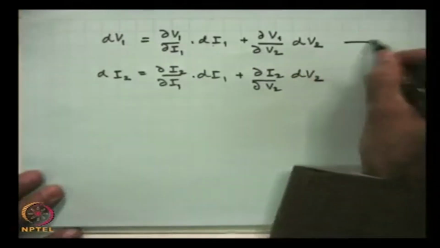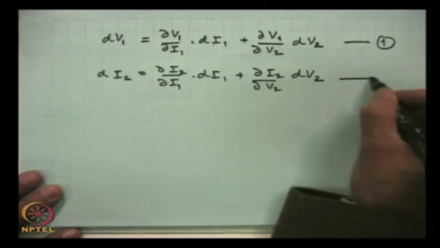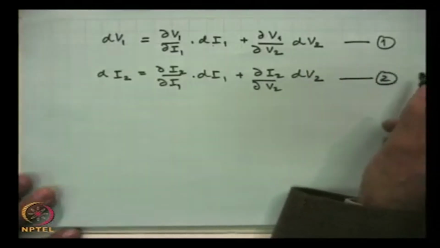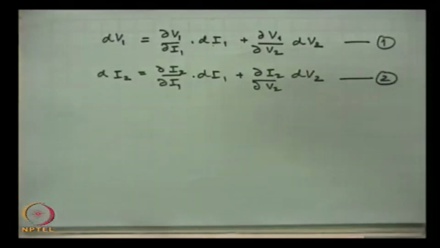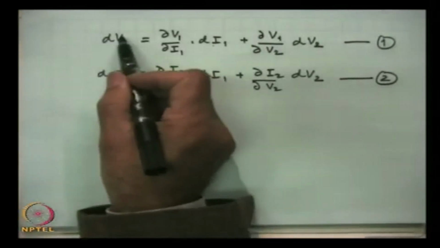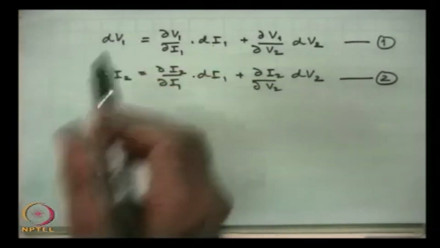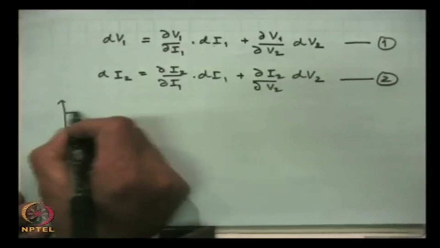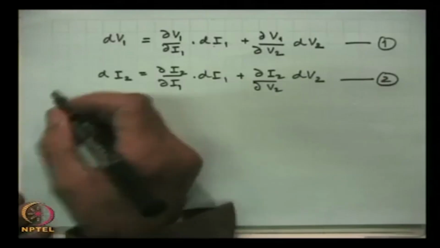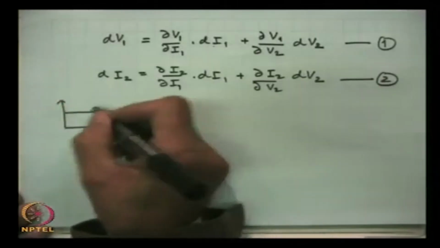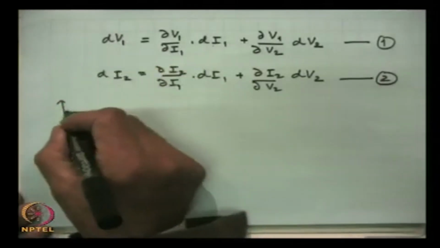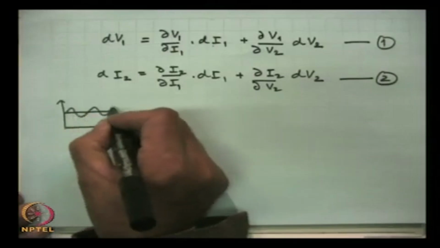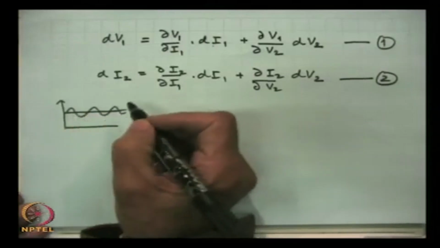Let us call this equation 1 and this as equation 2. And remember, we were talking about V1 as the total voltage like this. Here this was the DC current and voltage, and so in this case this is that voltage over which the AC signal, a small signal is superimposed.